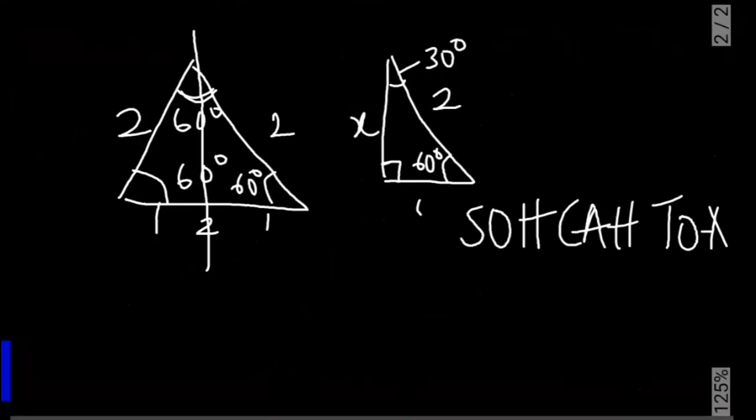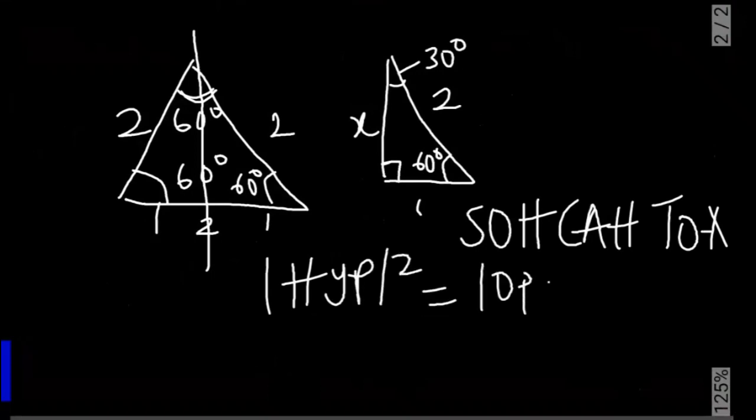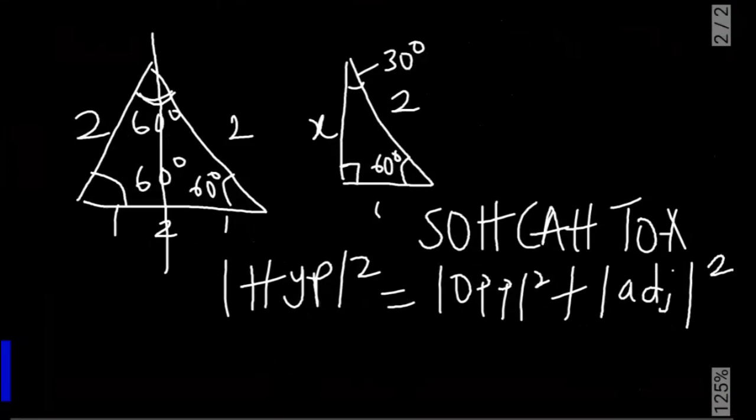According to the Pythagoras theorem, hypotenuse squared is equal to opposite squared plus the square of the adjacent side. Our hypotenuse here is 2.